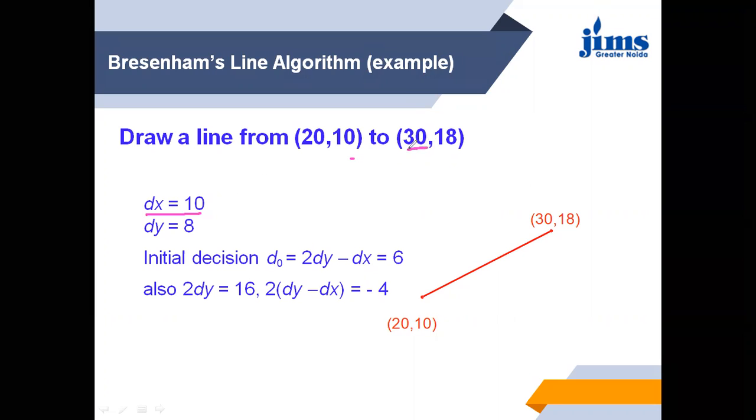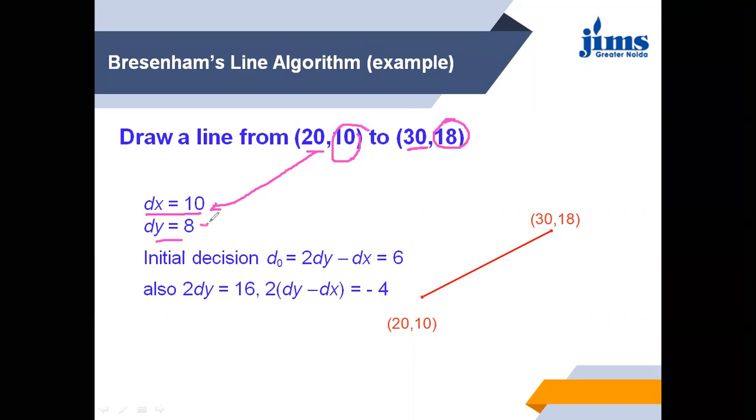This is 30 minus 20, so this is 10. Then dy, that is y2 minus y1, that is 18 minus 10.